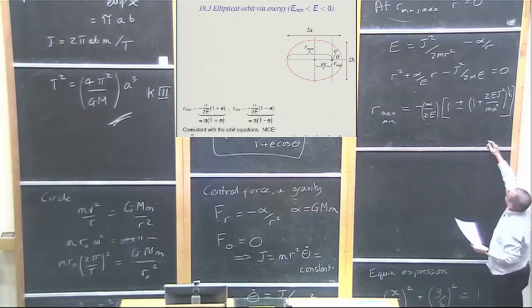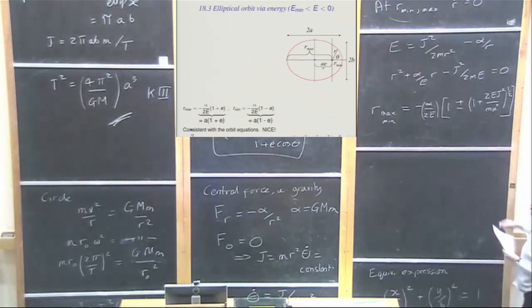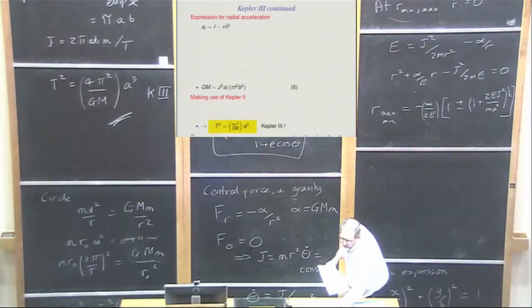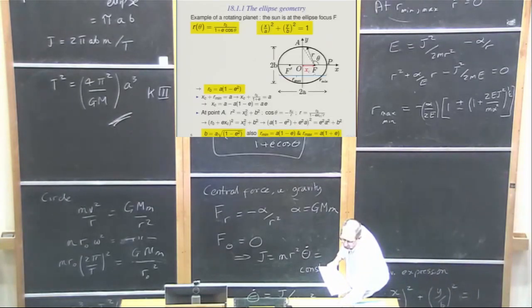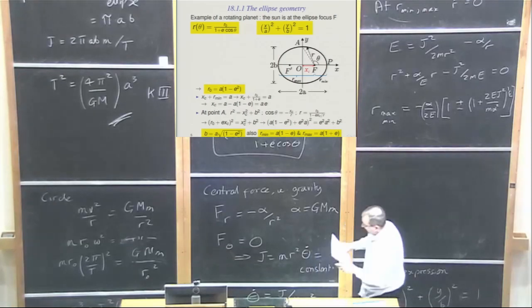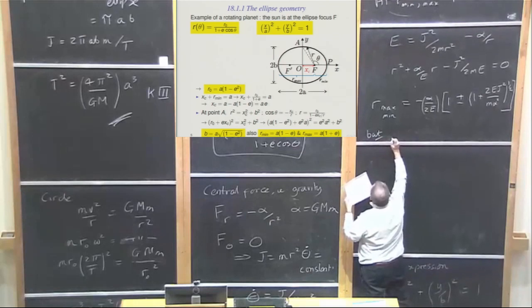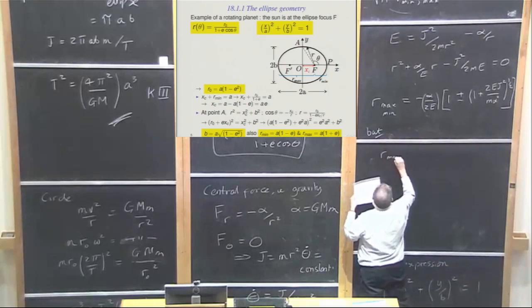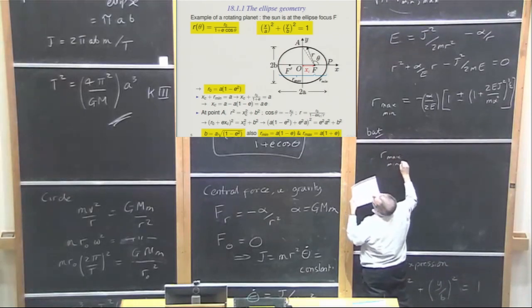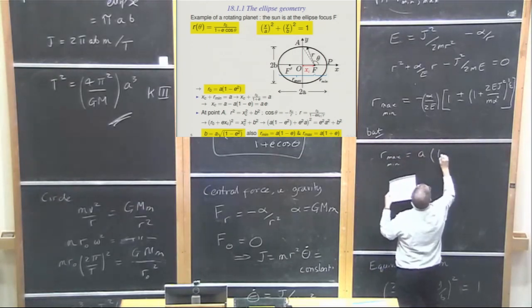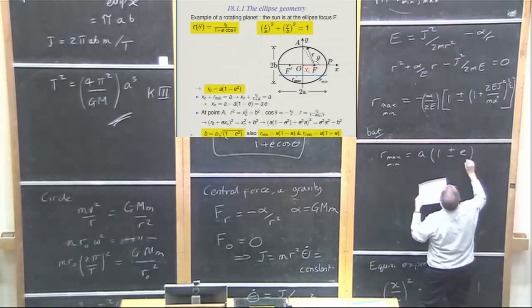solve the quadratic equation. So you look at this for a bit, and then you say, well, earlier on we were looking at equations for ellipses. Let's go back to them. You see at the bottom there, we had that r max min is equal to a times 1 plus or minus e.